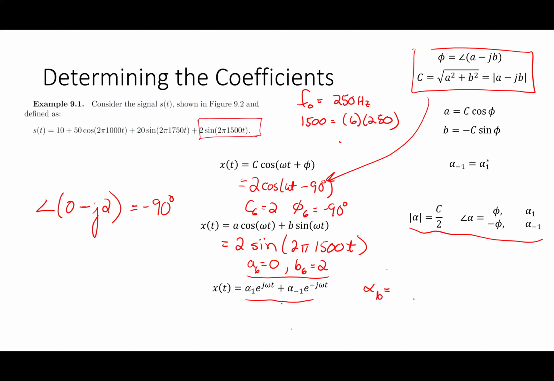All right, so we know these values. I can then use this, right? How do I figure out alpha 6? If C6 is 2, phi 6 is negative 90, how do I figure out alpha 6? 6 over 2, yep. 3, and what's the angle? Yeah, so I'll say 3 angle negative 90, or 3 e to the negative j90, like so.